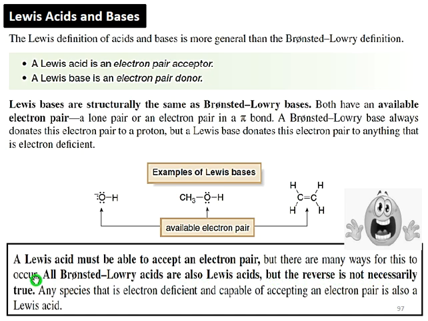Okay. Now, if you don't understand this sentence, I will explain it for you on the next slide. Any species that is electron deficient and capable of accepting an electron pair is also a Lewis acid. What does that mean here? All Bronsted-Lowry acids are also Lewis acids, but the reverse is not true.